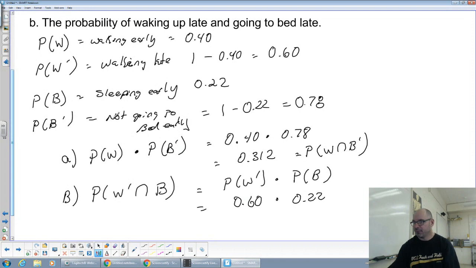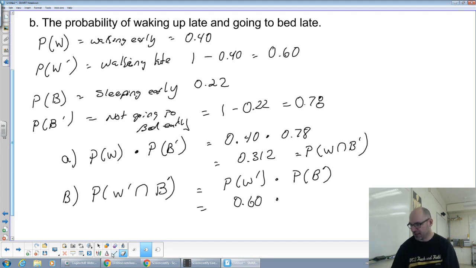Oh, sorry. Sleeping early. Going to bed late. What am I doing? This is a prime. It should be a prime. This is early, so I got it backwards. Do the correct one here. It says going to bed late, going to bed early. Not going to bed early. I forgot to read the not, right? Not going to bed early is going to bed late.